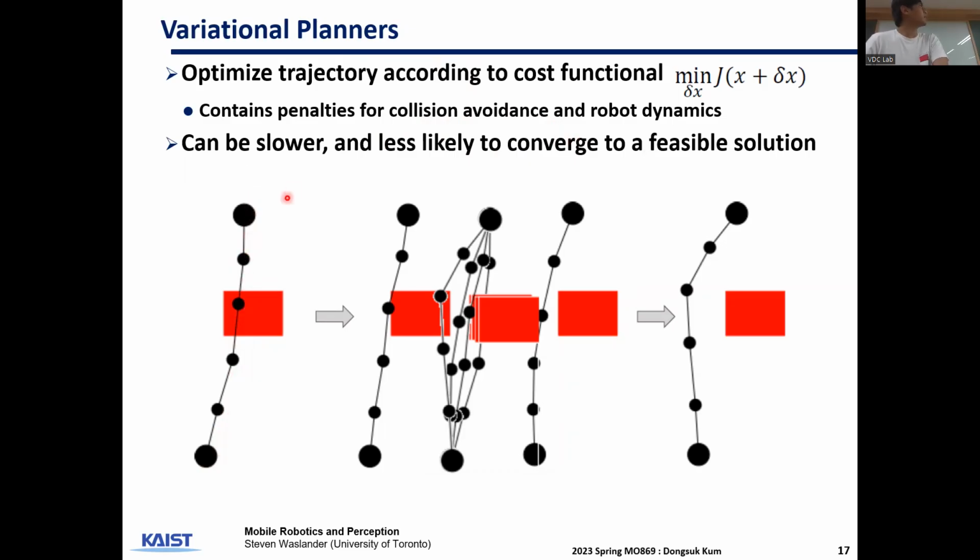There are more details if you're interested, but the goal is that you want to move the control points based on the objective function to get to the state that you want. This is the first iteration, and after some process, you might get these final control points, which are collision-free. Because of the iterative process, it can be quite slow, and it is also less likely to converge to a feasible solution.